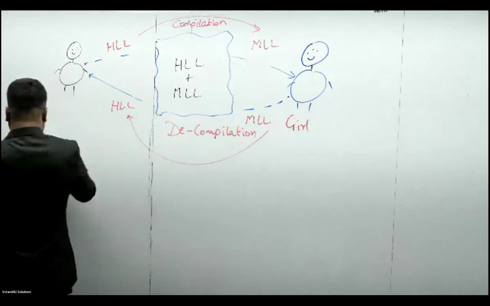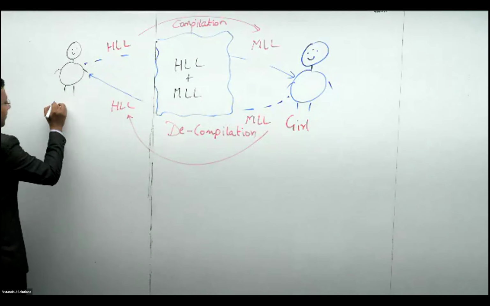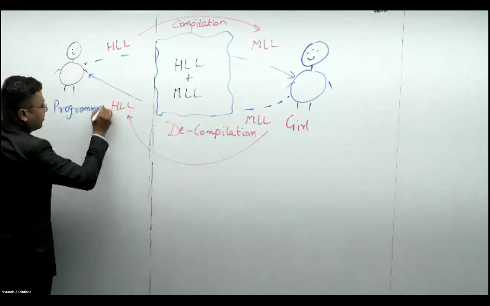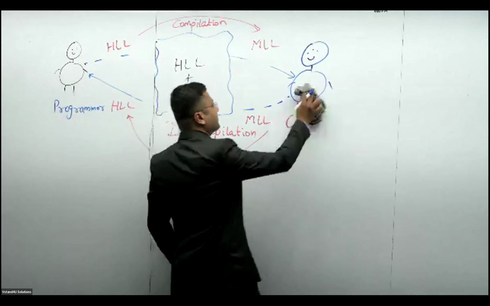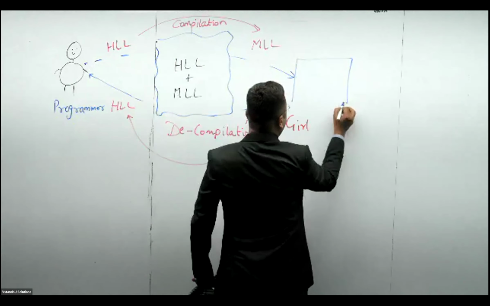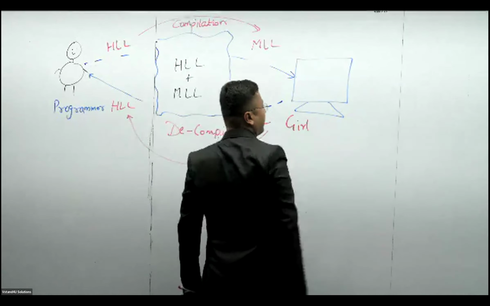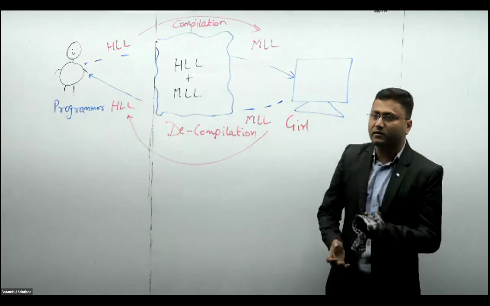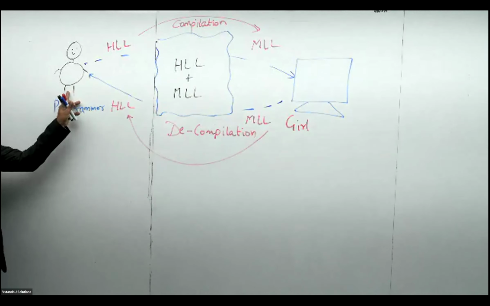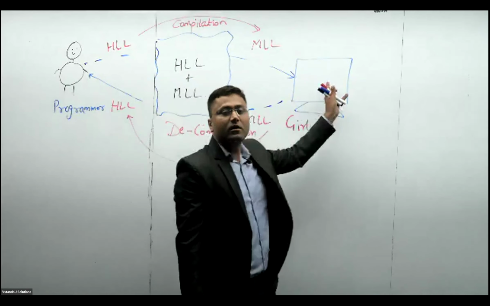Here, a person, nothing but a programmer, wants to establish communication with the computer machine. Am I right? Able to understand? The funda is simple. One programmer wants to communicate with a computer system.